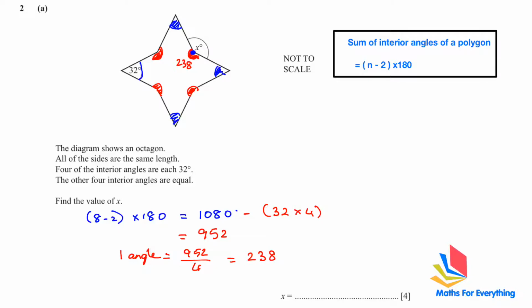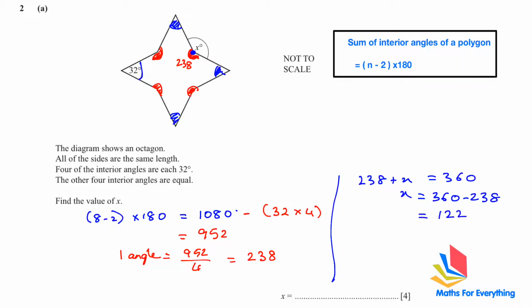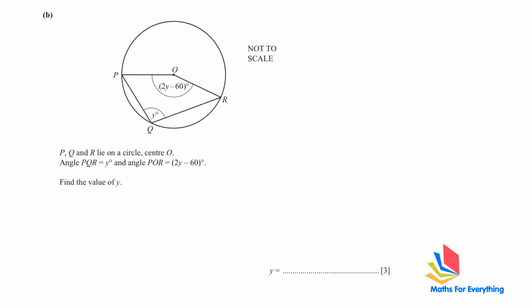Therefore, 238 plus x is equal to 360 and x is equal to 360 minus 238, which is 122. So not a very difficult question if you knew your formula for finding the sum of interior angles.